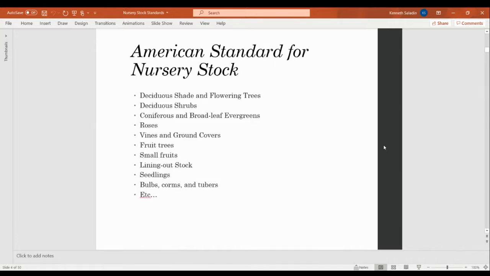So the American Standard for Nursery Stock has grading scales for all of the following different nursery commodities. So you can find grading scales for deciduous shade and flowering trees, for shrubs, for roses, for small fruits, even for lining out stock.